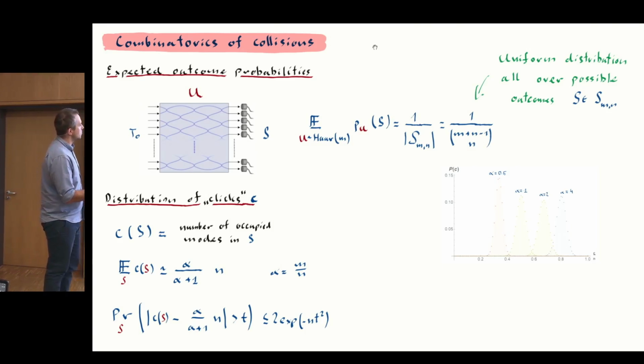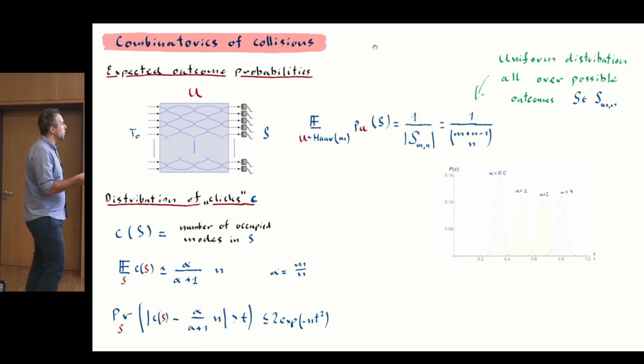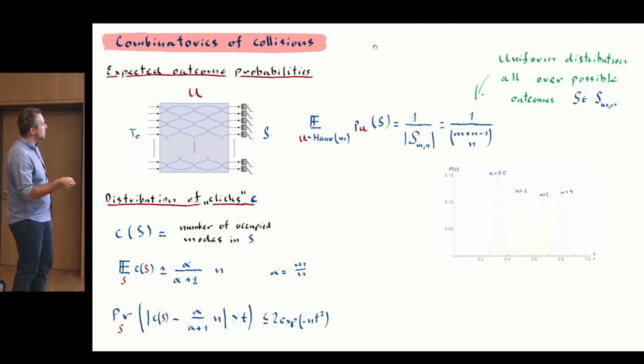And then you see how it changes with different ratios. What is the ratio between the number of clicks and the number of photons? As alpha increases, so the number of modes increases, this moves to 1. But it's still extensive for constant ratio.